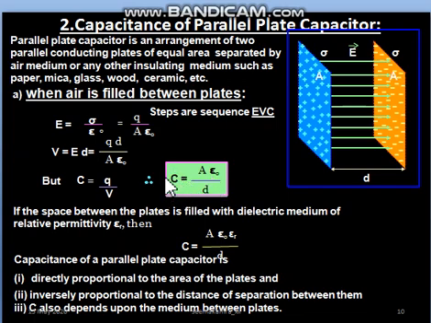As we have discussed before also in the introduction of capacitance, capacitance does not depend upon Q and V value. It depends upon the dimensions of that capacitor. So area, d and medium, three factors will decide the capacitance. Okay, so this way we have done the first case, air filled.